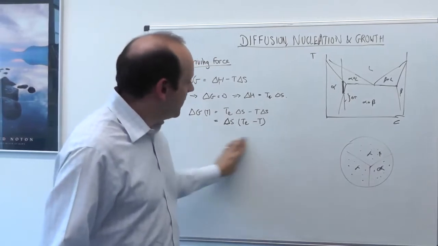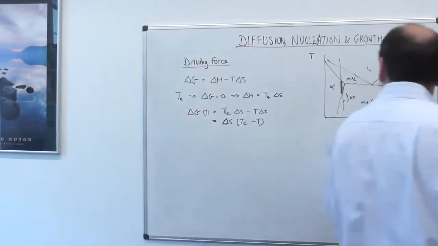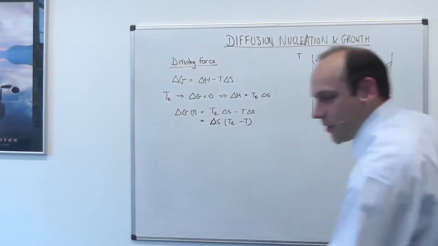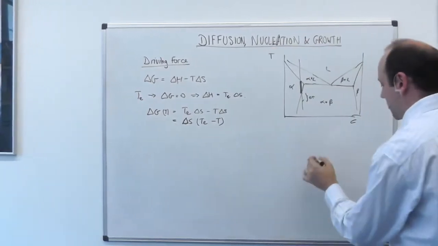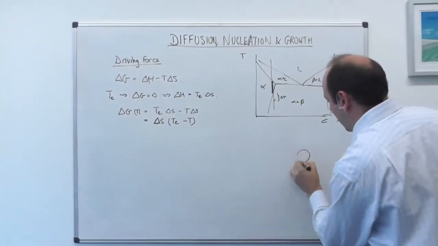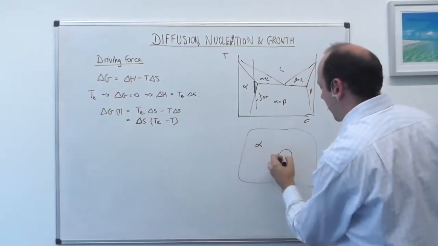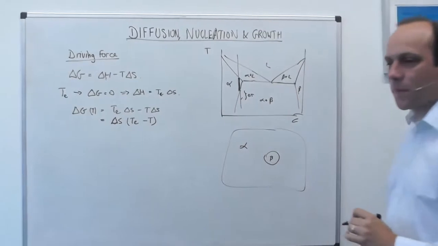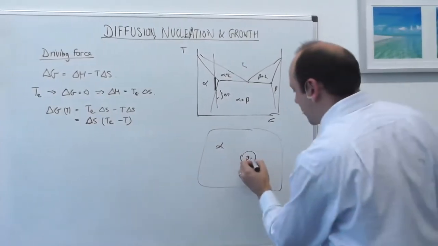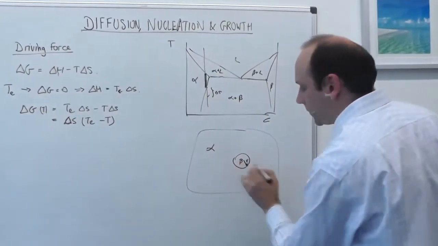think about that situation. So we're thinking about a situation, we zoom in on one of those alpha grains in that micrograph, and we think about a situation when you nucleate a little amount, so we're somewhere in a sea of alpha, and you nucleate a little amount of your new phase. And say it's got a radius r here.